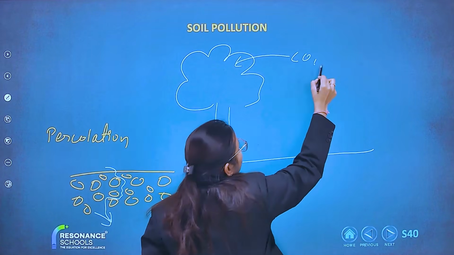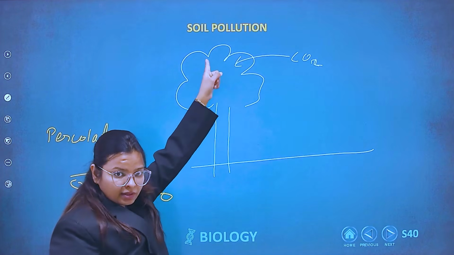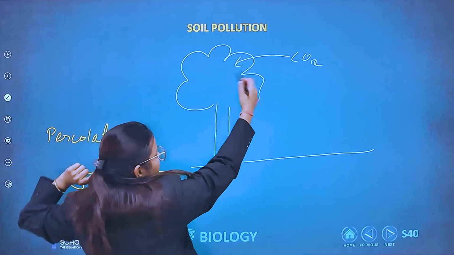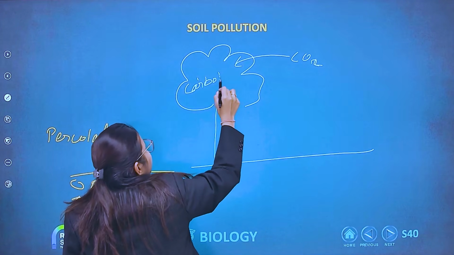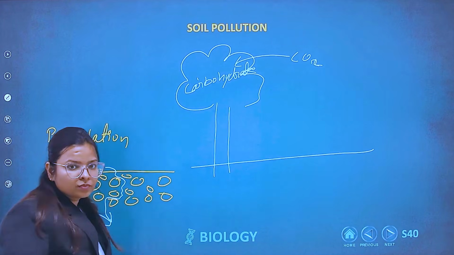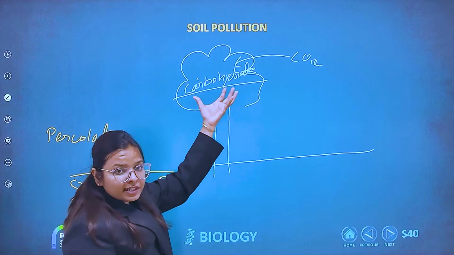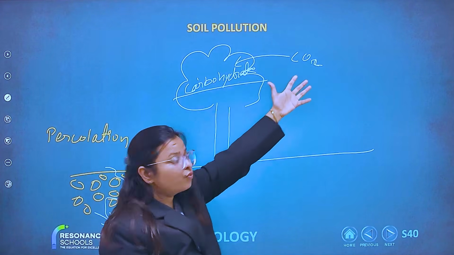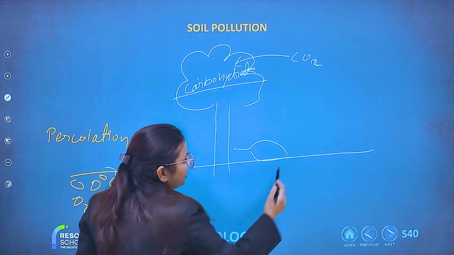So environment CO2 is taken by the plant. What are they doing with this? They are forming carbohydrate, or you can say glucose. So this is a carbon source again, formed because of CO2. What will happen when this plant dies or the leaves fall into the soil? There are so many leaves coming to the ground. Whatever carbon source it has is coming into the soil.